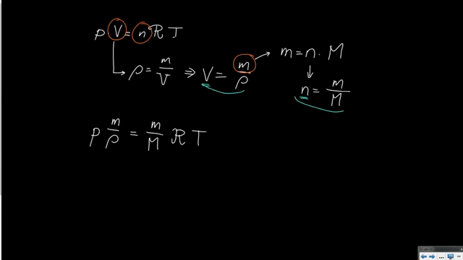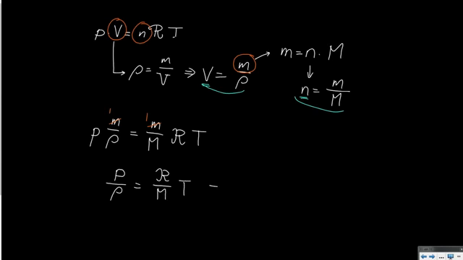So if we divide both sides by the mass, we get a different equation, which has now become independent of the amount of air that we're talking about. The pressure divided by the density is the gas constant divided by the molar mass times the temperature.